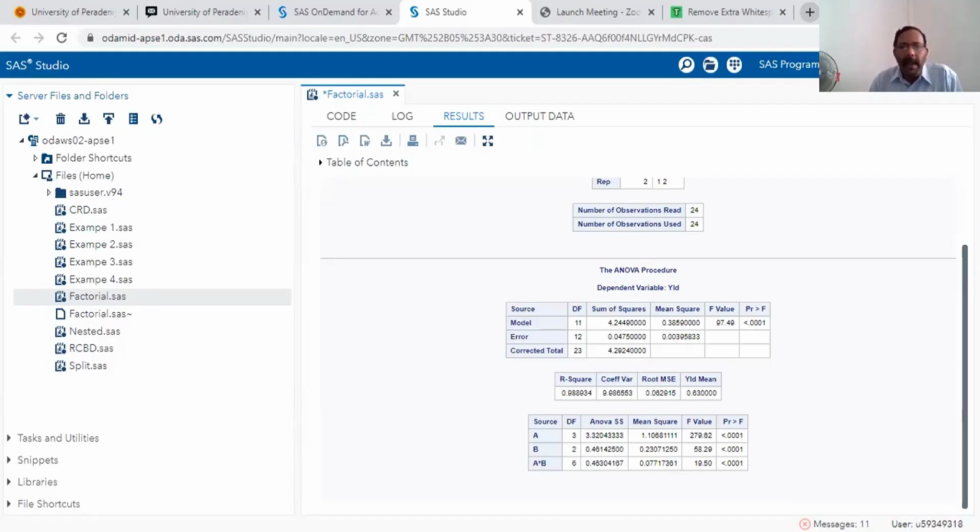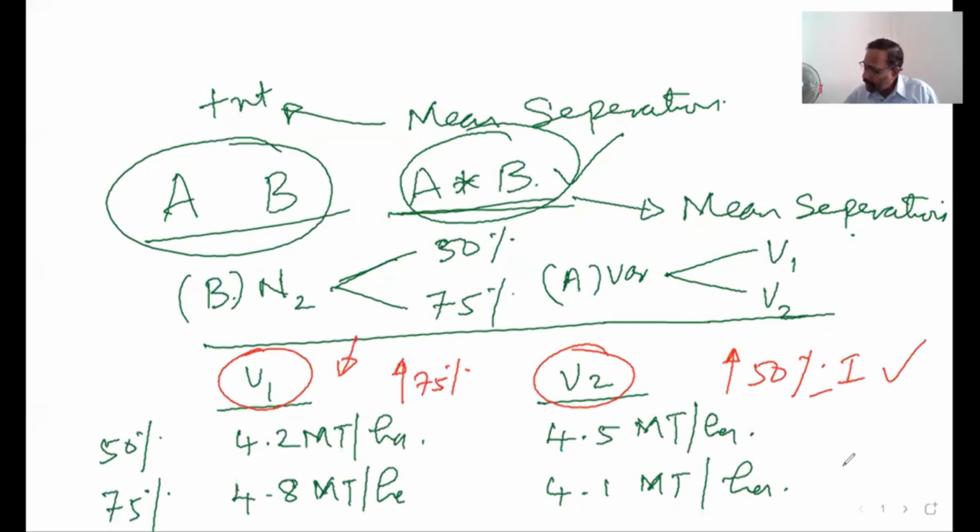Okay. So therefore, we want to do the mean separation, as I pointed out earlier. We did already by showing this.